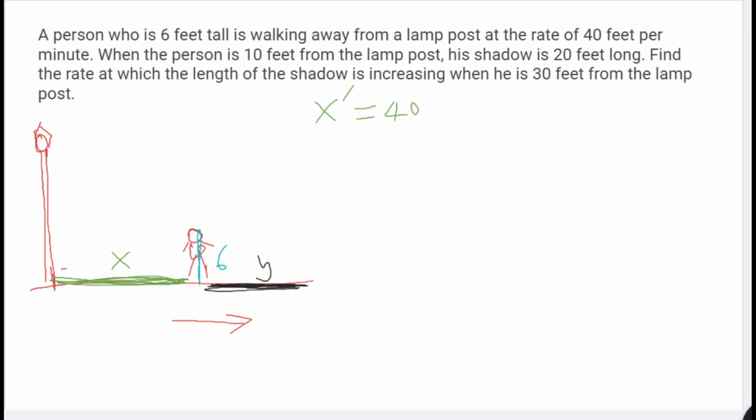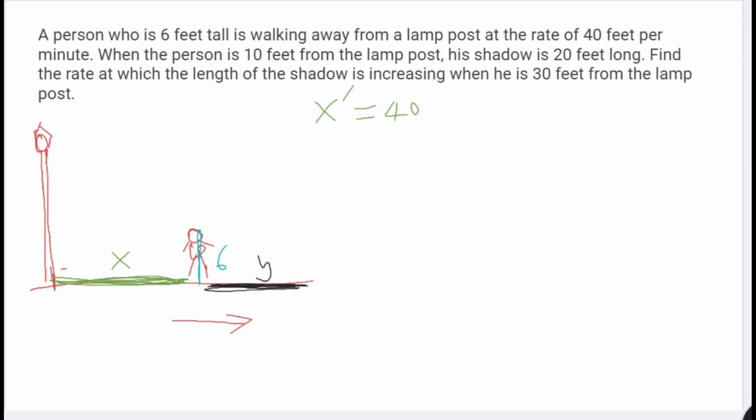So now the problem says, find the rate at which the length of the shadow is increasing when he is 30 feet from the lamp.